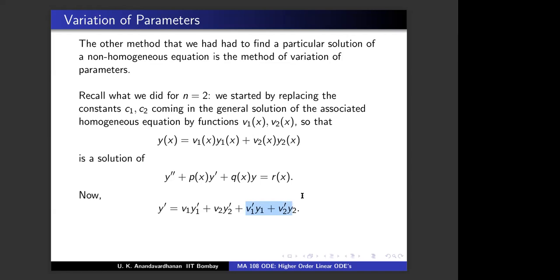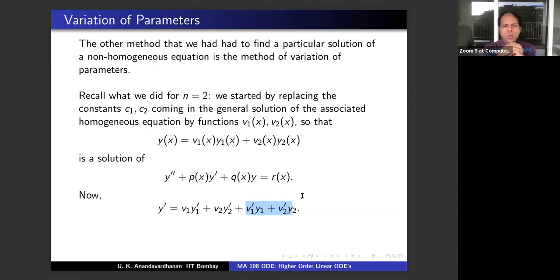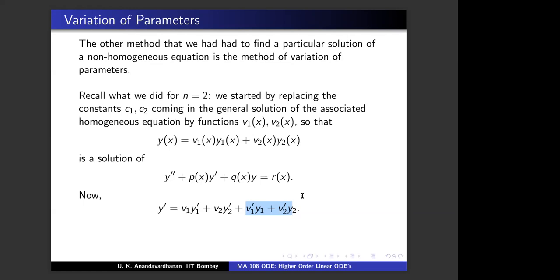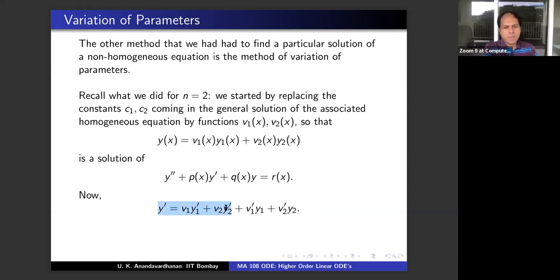The highlighted part, the terms with V prime. Now what will you do after that? Since we have demanded this part to be 0, you would have got y prime equal to the sum of n terms, which you differentiate again.